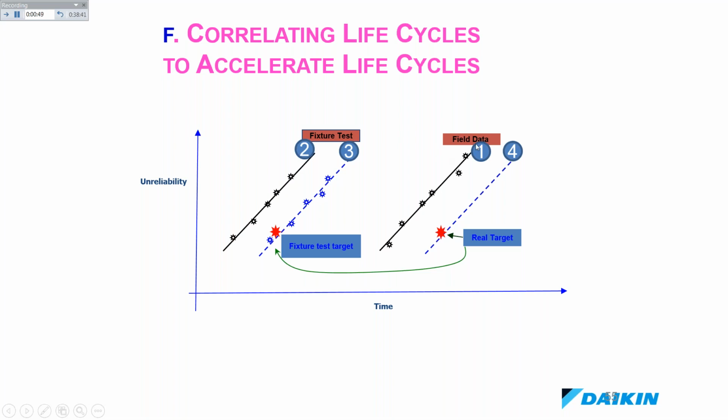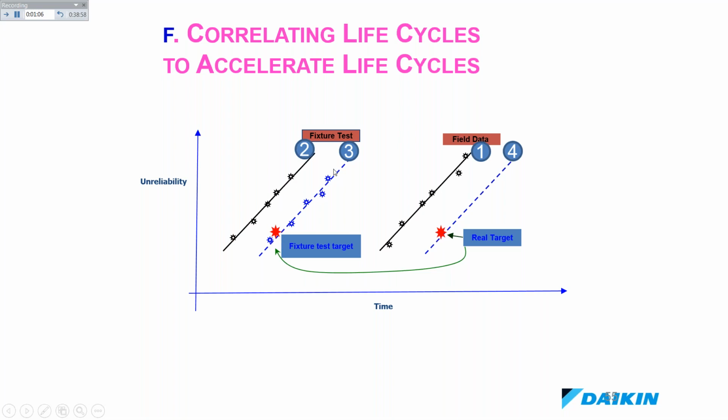So now you have a transfer factor from field data to the fixture test. And using that transfer factor, you can transfer that real target to the fixture target. And you do your reliability testing of the improvements.